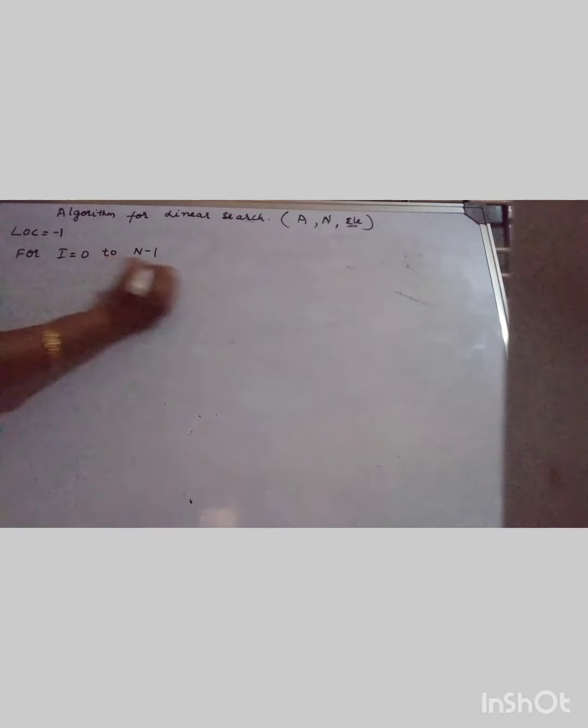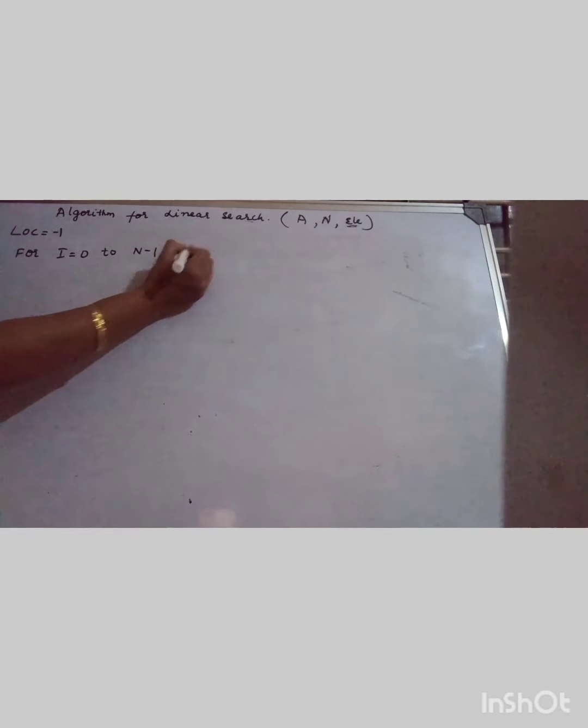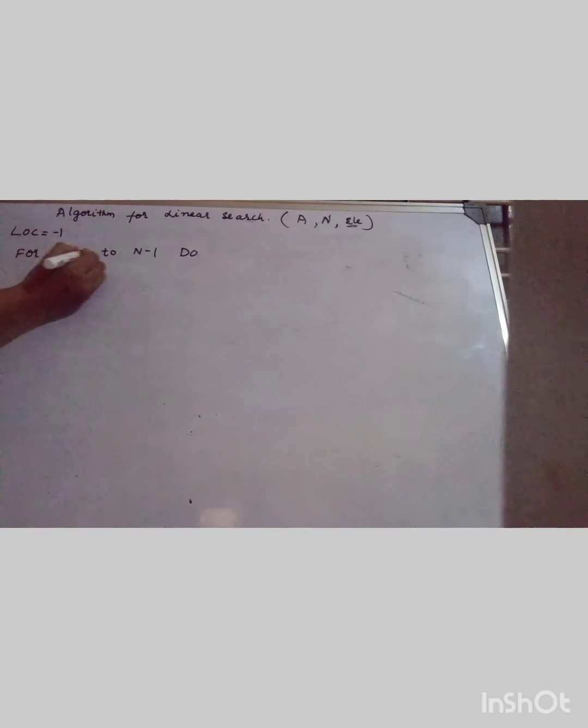Second, we have to write a for loop for I is equal to 0 to n minus 1. n minus 1 elements are there in the array. So we have to take all the elements which are present in the array.